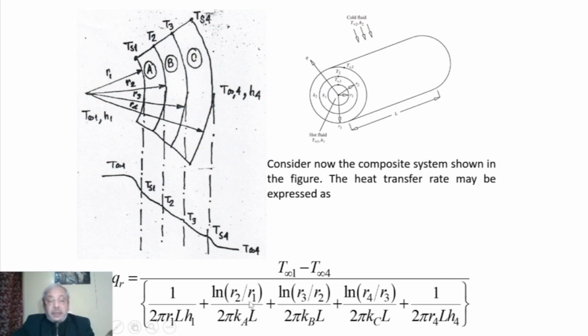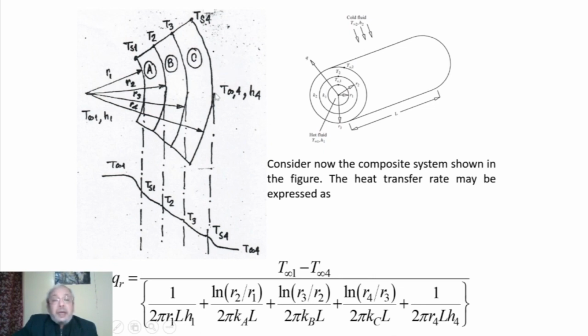We have done this in the previous part. And then for material B, it is ln R3 by R2 divided by twice pi Kb into L. For material C, it is ln R4 by R3 divided by twice pi Kc into L. Kc is the thermal conductivity of material C. And then again, the outside convective resistance is 1 by A4 into h4.